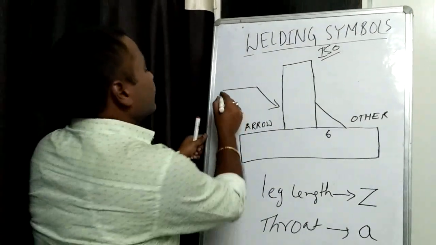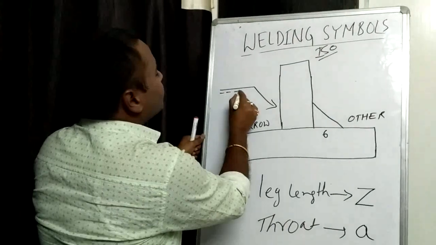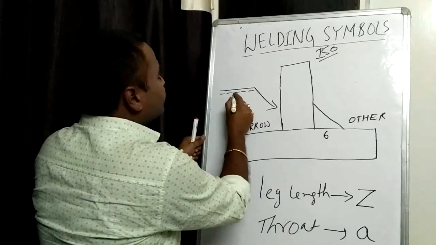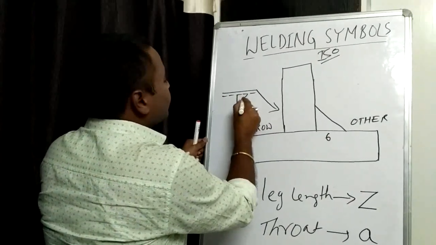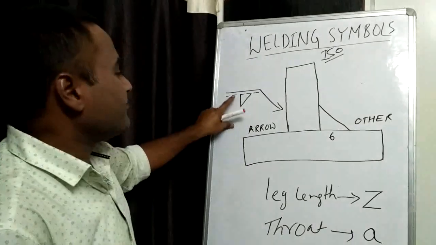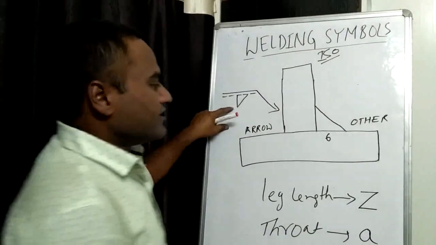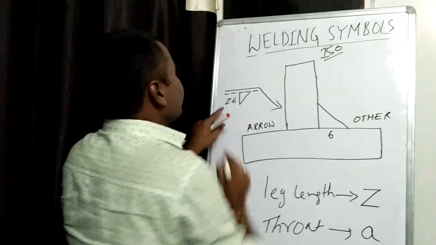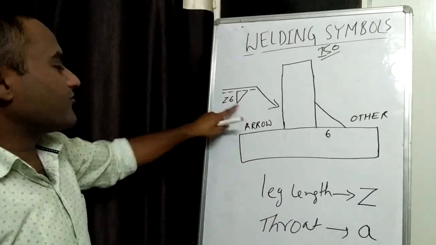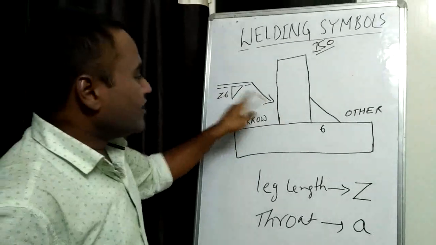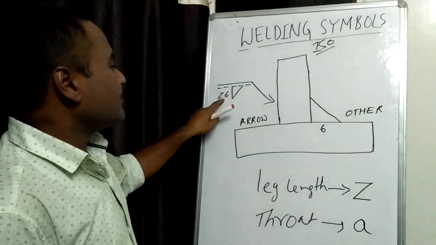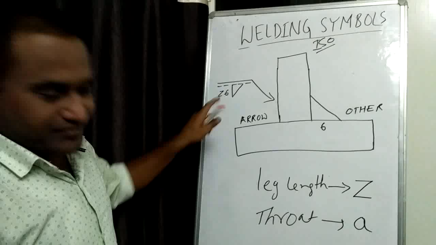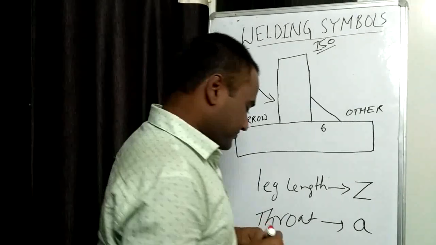For other side, in ISO, the symbol shall be given below the reference line, and if our leg length is Z, then we will write on the left side Z6. It means it's a fillet joint welding on the other side and leg length is 6 mm. I hope this is clear to you.